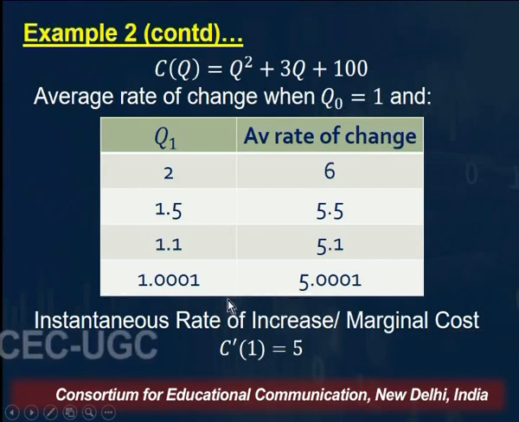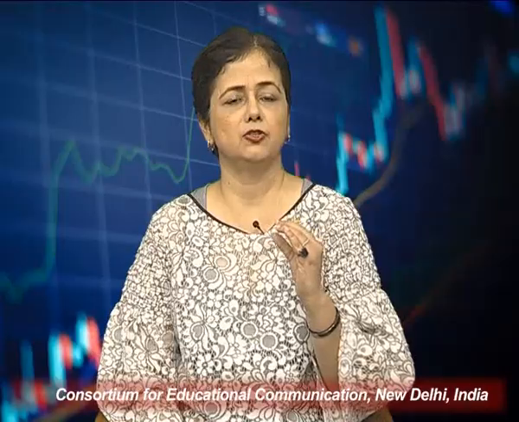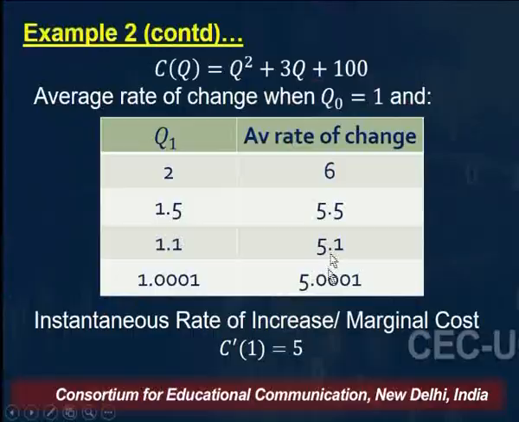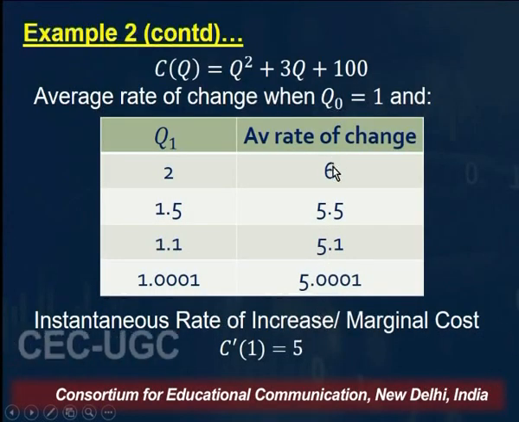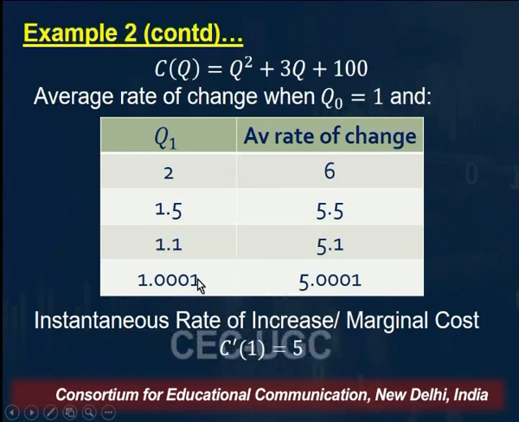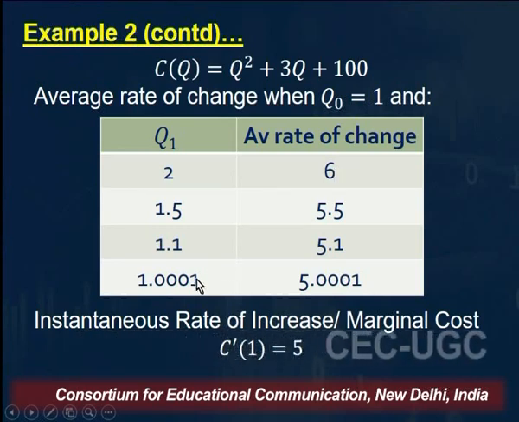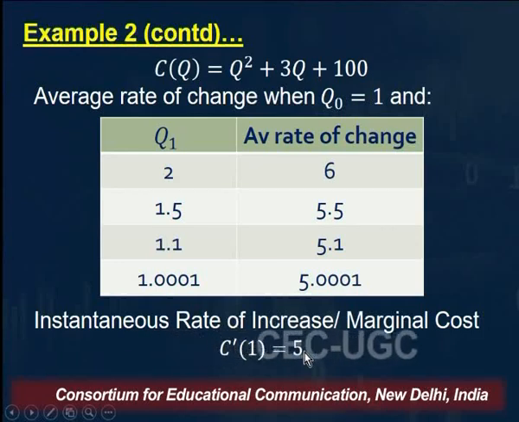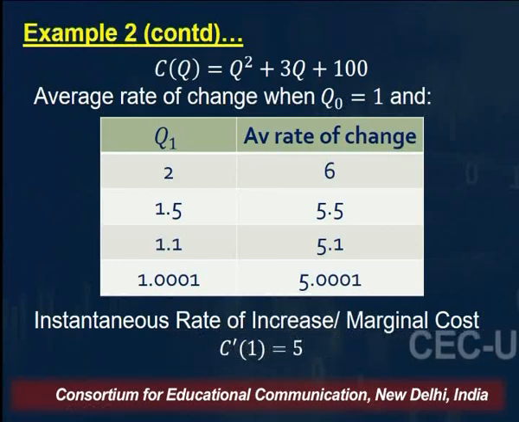So we were making the incremental steps in each case smaller and smaller. And you can clearly see, if you compare things to the marginal cost here, that as your change in Q becomes smaller and smaller, the average rate of change becomes closer and closer to the instantaneous rate of change.